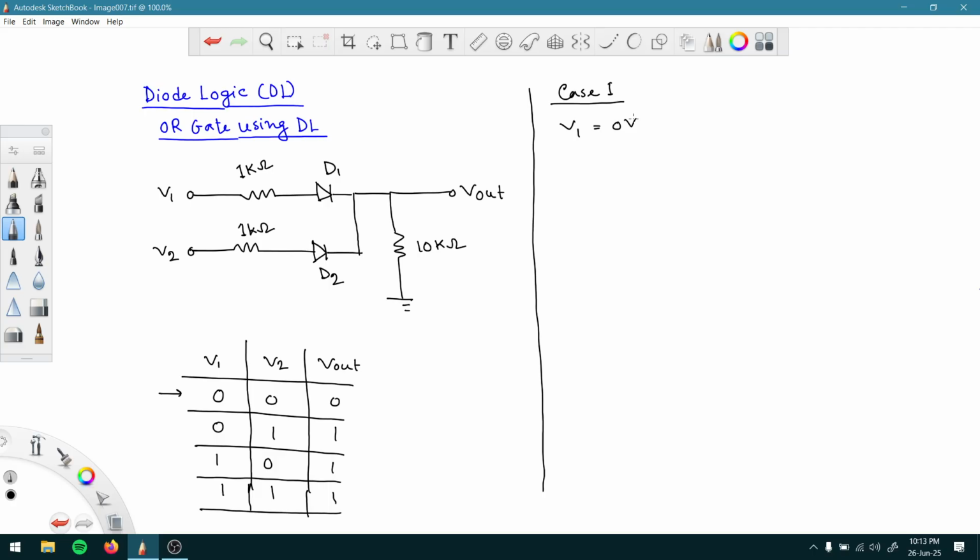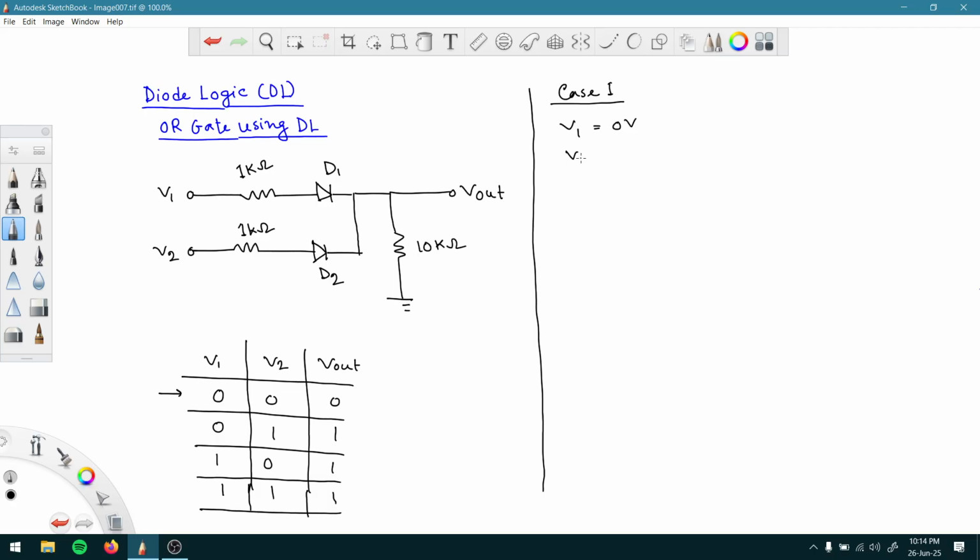Even though diode logic families were never implemented commercially and were used just for educational purposes, so we don't have any specific defined logic levels for this type of logic family, still we can understand that logic 1 should be closer to 5 volt, and logic 0 should be closer to 0 volt. In this way we will try to understand how our circuit is working.